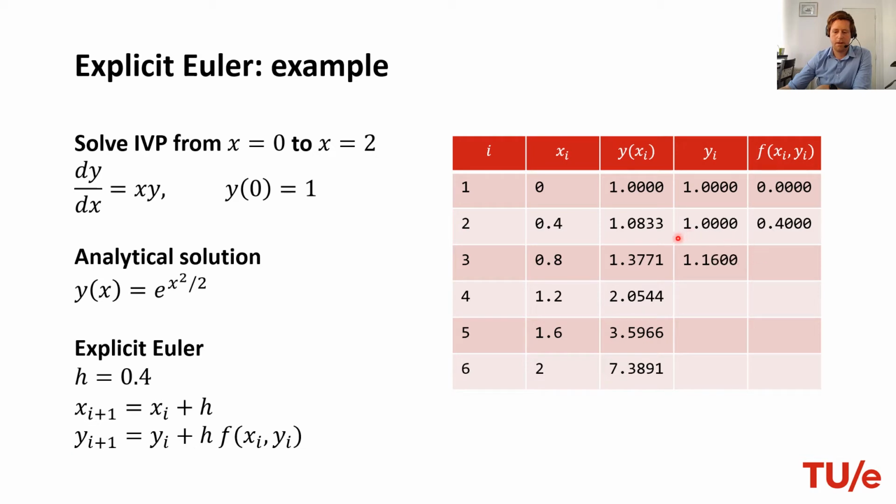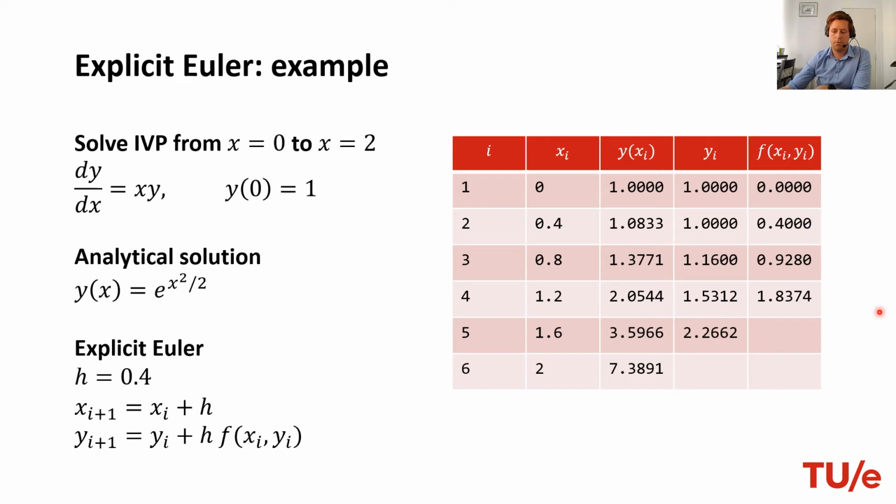So that's what we obtain here, 1.16. And we keep on doing this. So we evaluate f, 0.8 times 1.16 will be 0.928. We multiply with h and add to the current solution to get an approximation for y at x is 1.2.